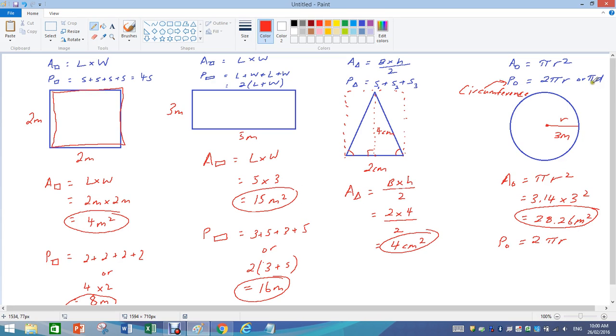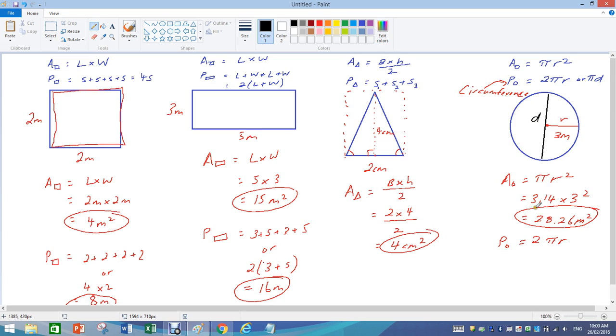But we can also say, because the whole way across a circle is called its diameter, then if from the centre to the outside is a radius, and all the way across is a diameter, then the diameter must be just twice what the radius is.